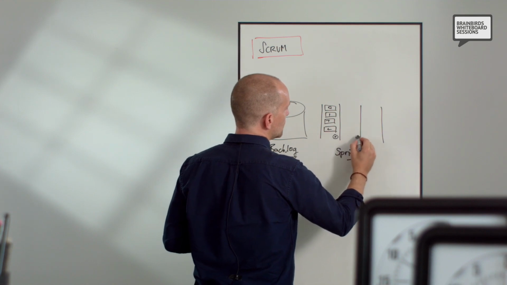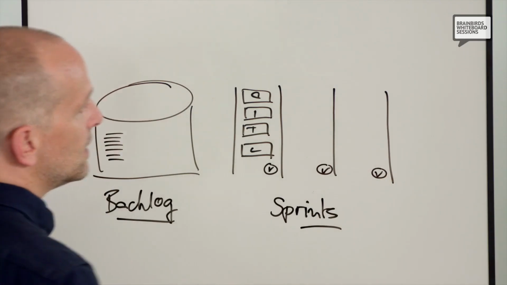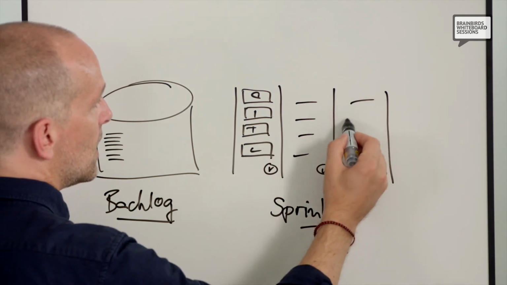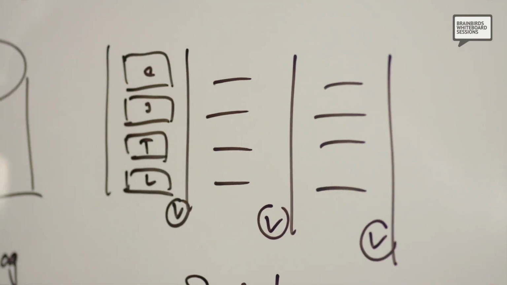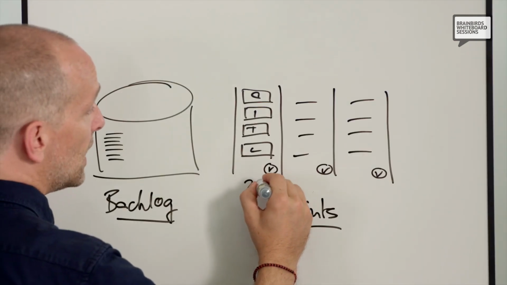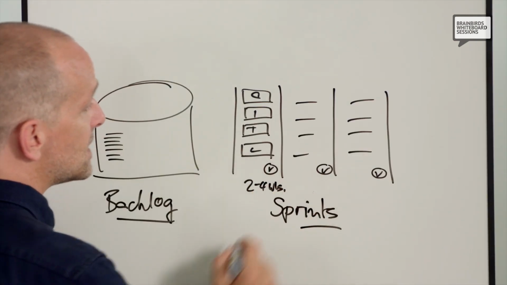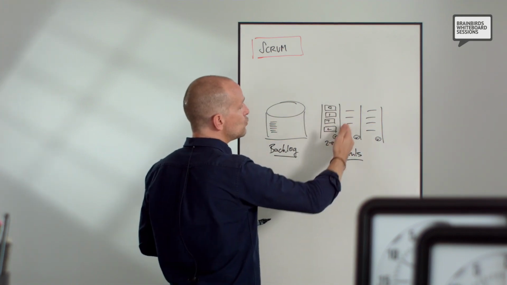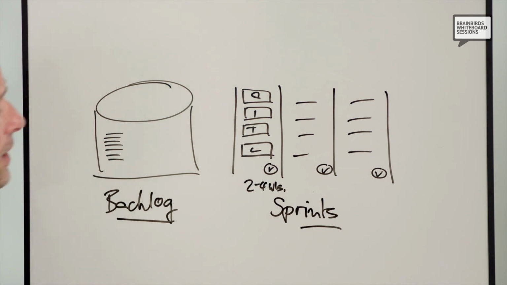Always with the aim to have final functionality software developed at the end. The big difference is that these iterations normally take 2 to 4 weeks instead of several months. So every 2 to 4 weeks, we have a new layer of software or product features that we could launch.